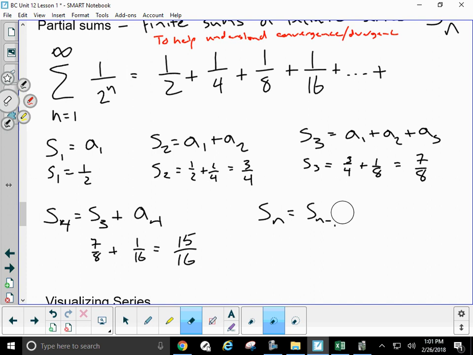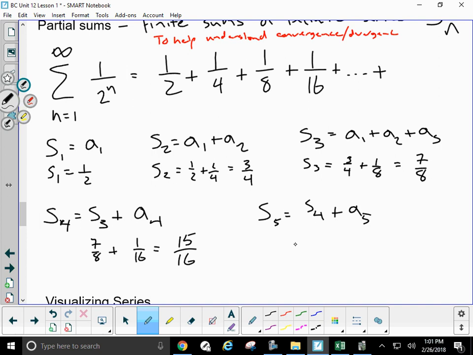S sub 5 would be S sub 4 plus A5. S sub 4 is 15/16. And I'm adding 1/32. That's 30 32nds plus 1/32 is 31 32nds.